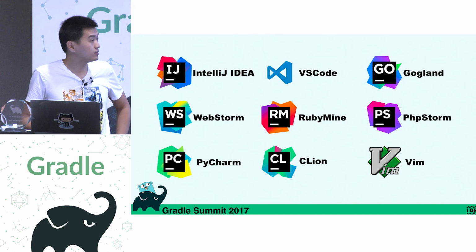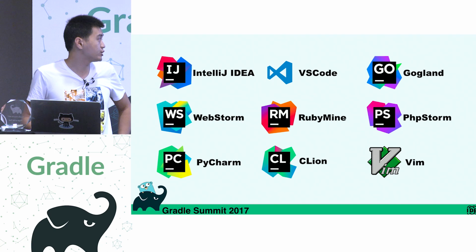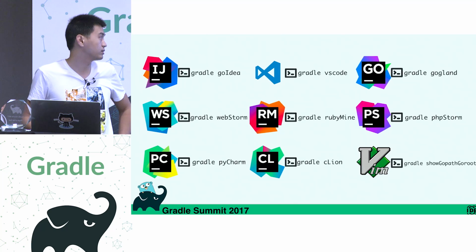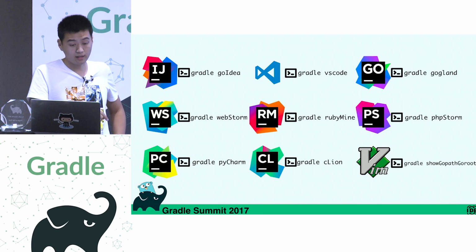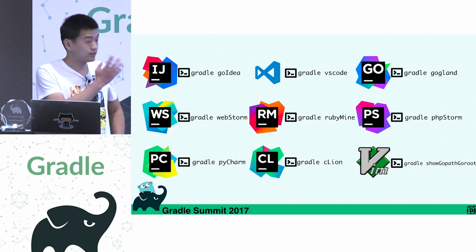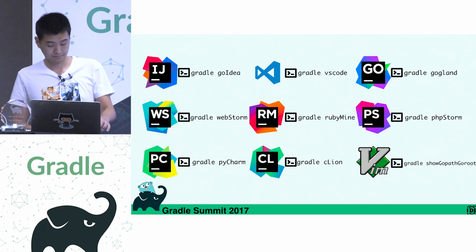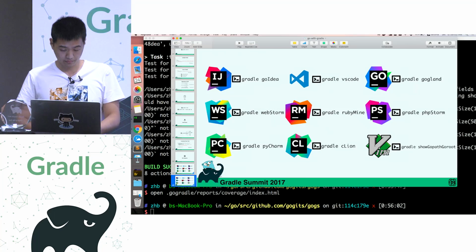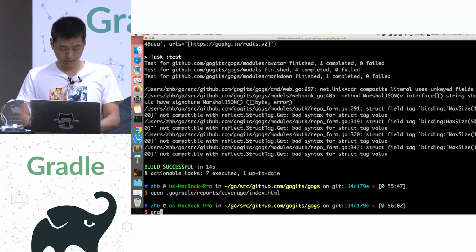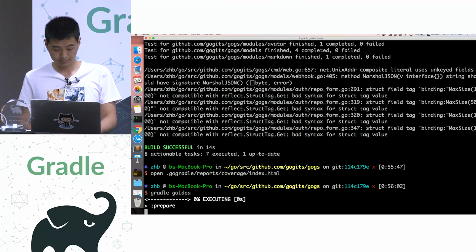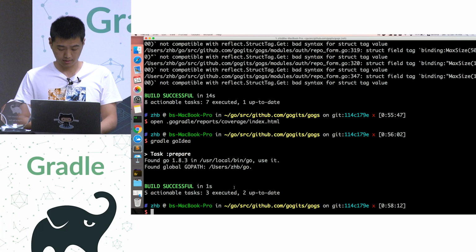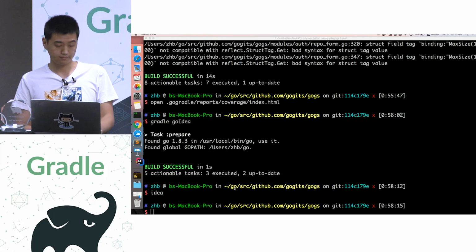To generate the IDE configuration, just run the corresponding command. And we will try it on IDEA with the Golang plugin. So I'm going to run gradle goIdea here. Cool, done. And I open IDEA.